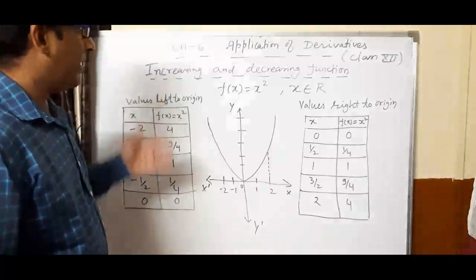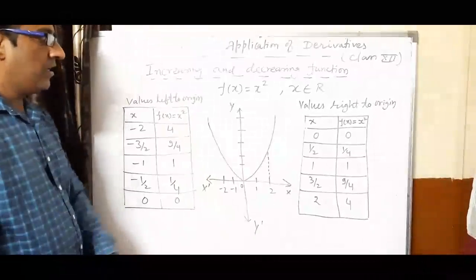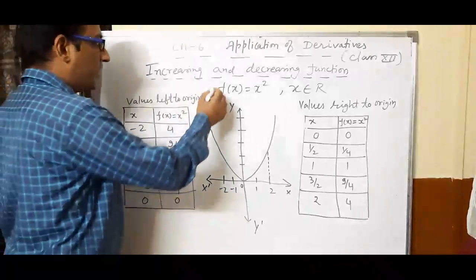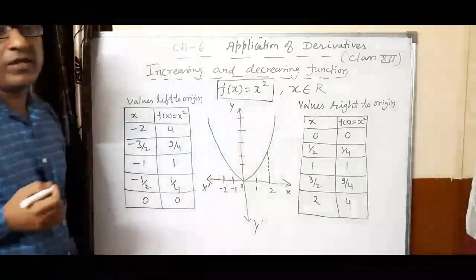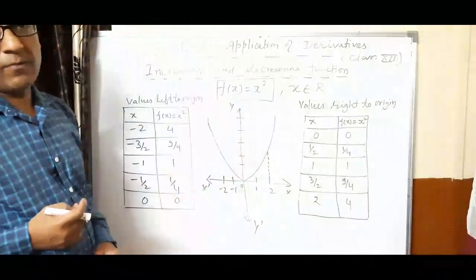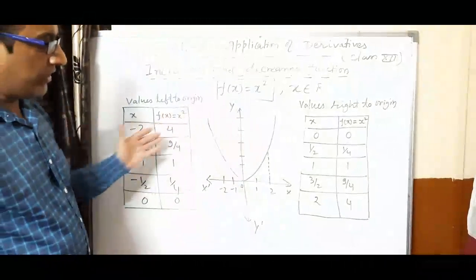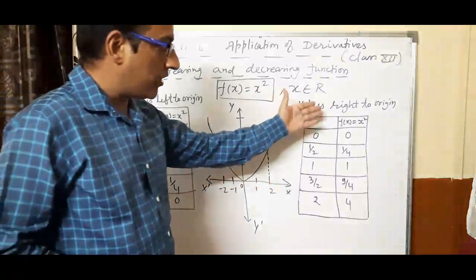Now I am continuing with the next concept, increasing and decreasing functions. If I take a function f of x equals x square, where x belongs to real numbers, how can we plot the graph for this type of function? As you see here, two tables are there. The first table is values right to origin.